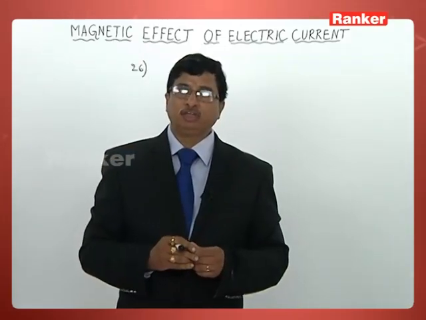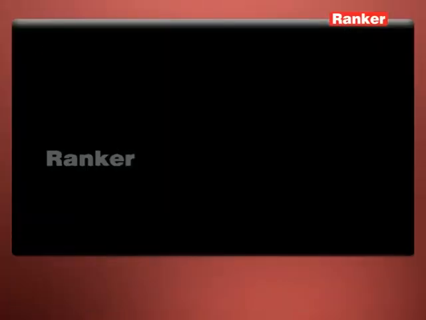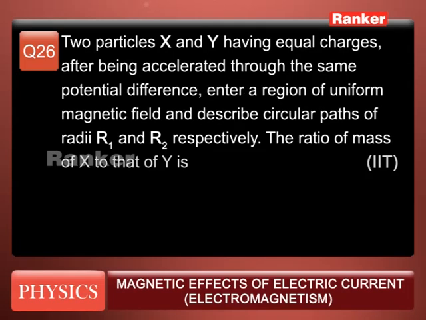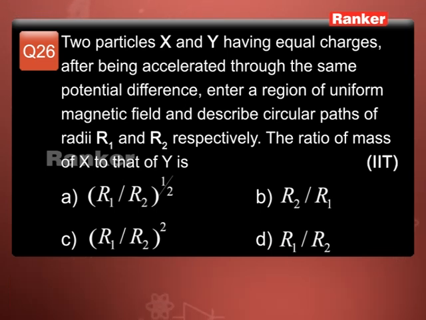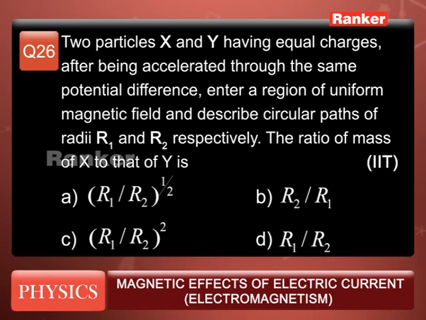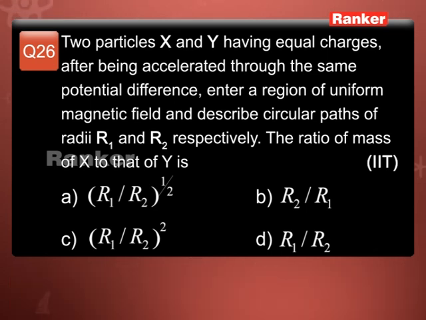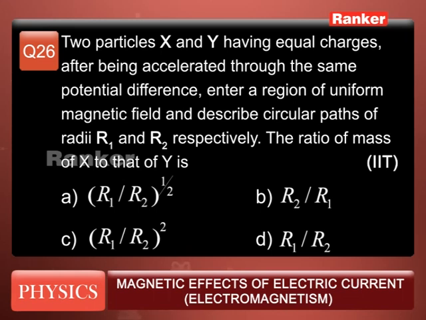Let us check the 26th problem now. Two particles X and Y having equal charges, after being accelerated through the same potential difference, enter a region of uniform magnetic field and describe circular paths of radii r1 and r2 respectively.